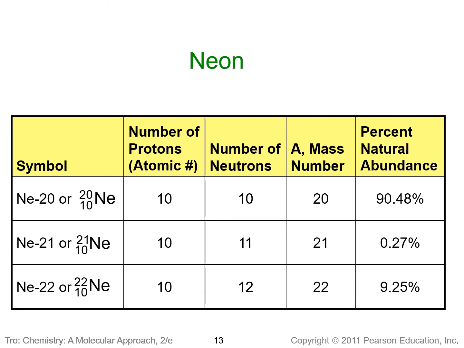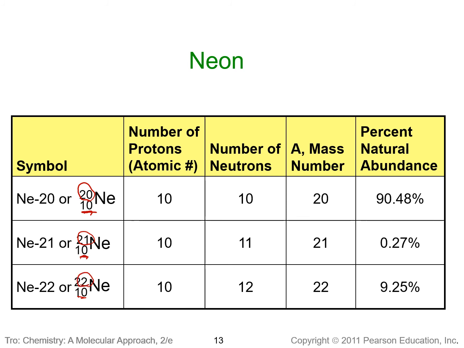The atomic number is the one on the bottom of our symbol, and because these are all isotopes of neon, we have the same atomic number, the same number of protons, for each of our rows. The mass number is written on top, and we have different mass numbers for our isotopes.